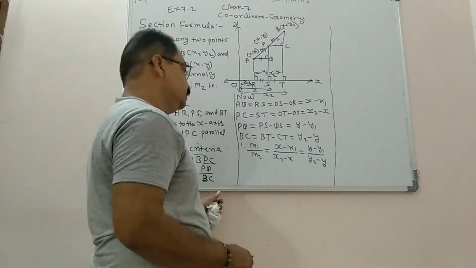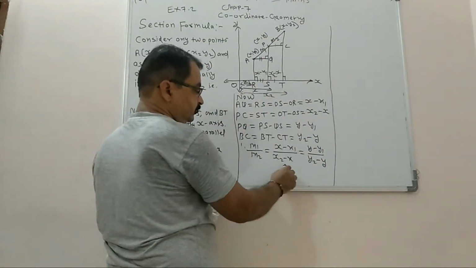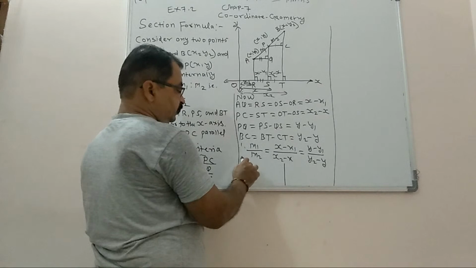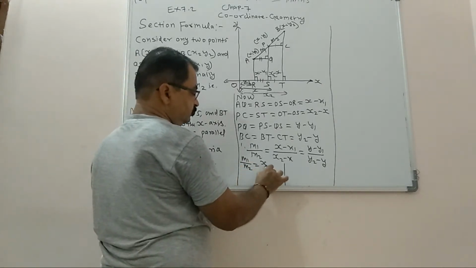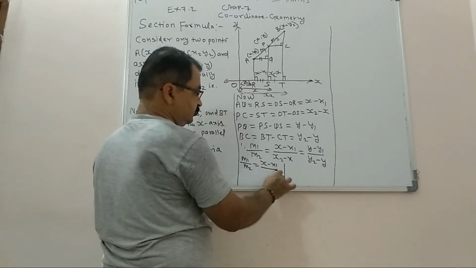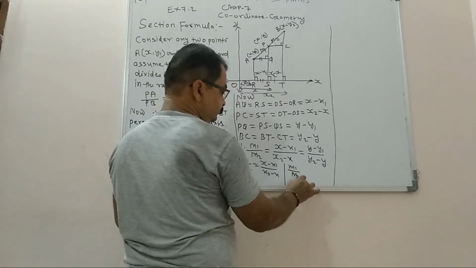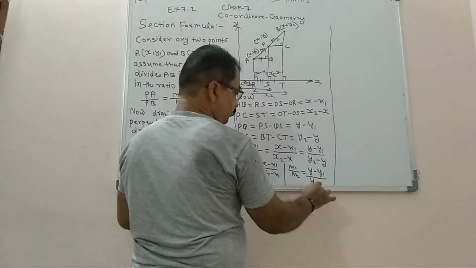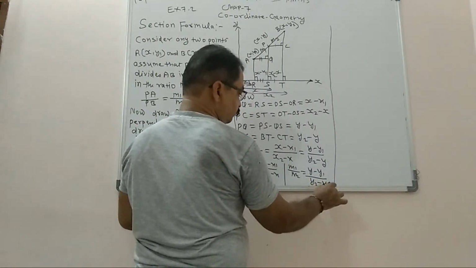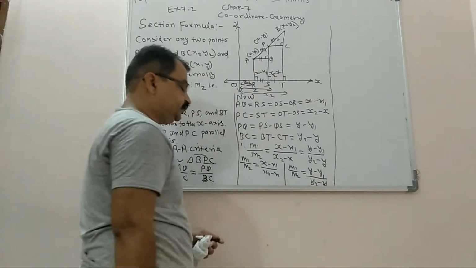Right, children? So one by one we look at it here. You will show m1 upon m2 is equal to x minus x1 upon x2 minus x, and here m1 upon m2 is equal to y minus y1 upon y2 minus y. Right, children? Now you will do the cross multiplication.